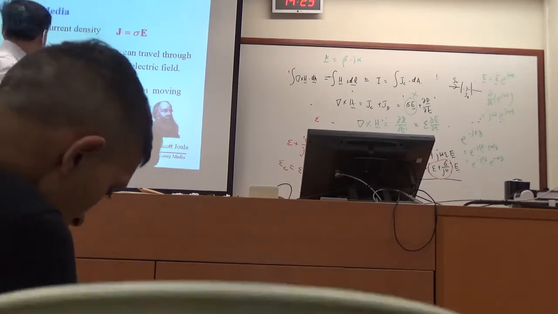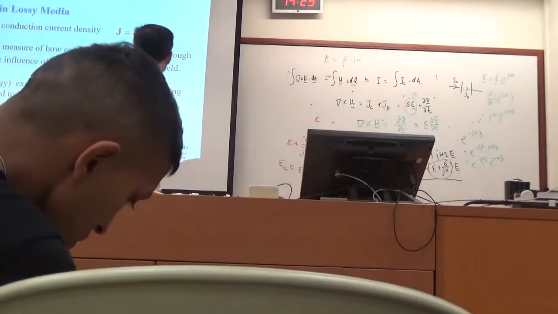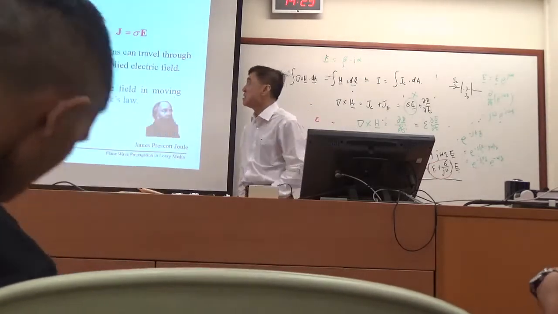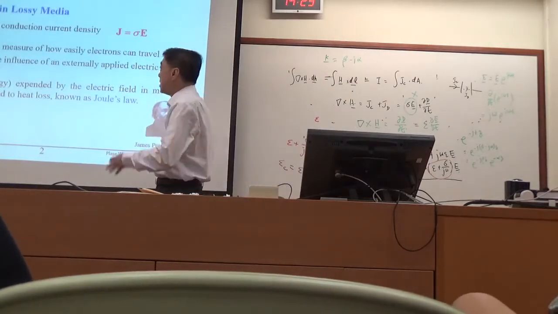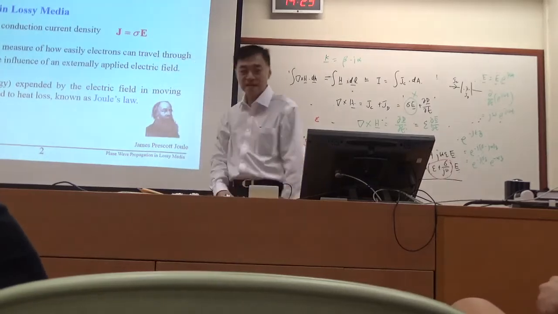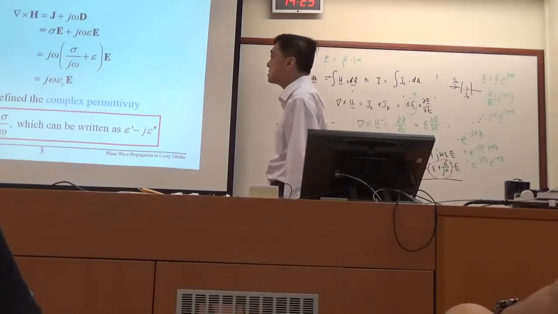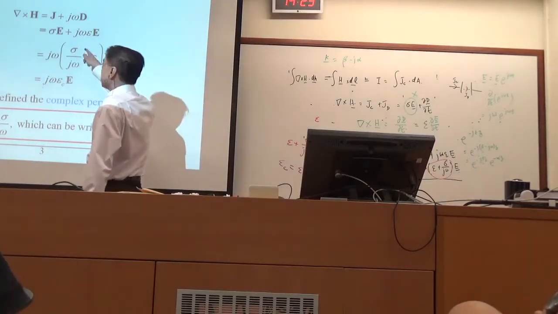Alright, going with me, lossy medium. In a lossy medium, the conduction current equal to sigma E comes into effect. All this is never mind, but it's just history. So you just have to add sigma E in here.